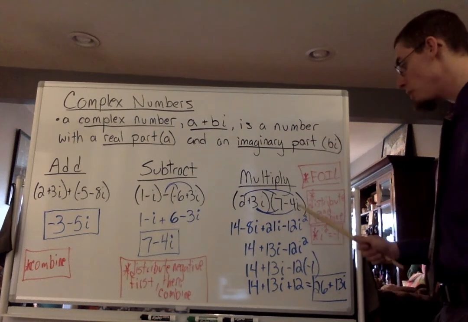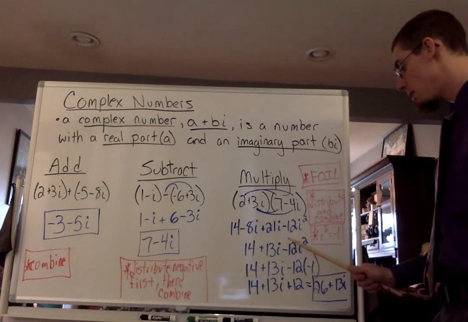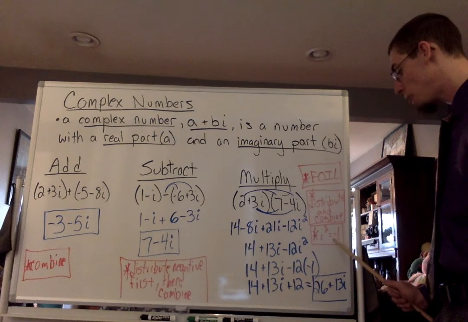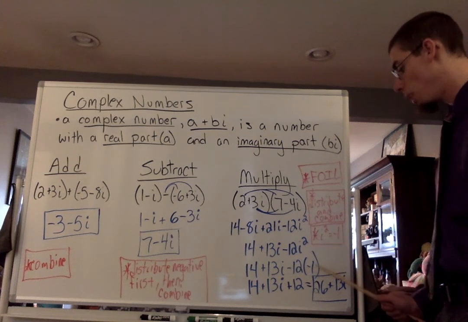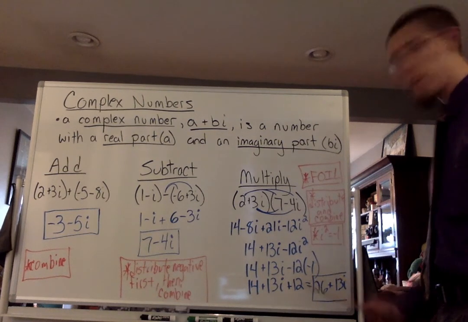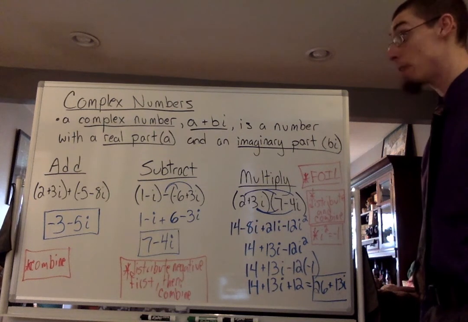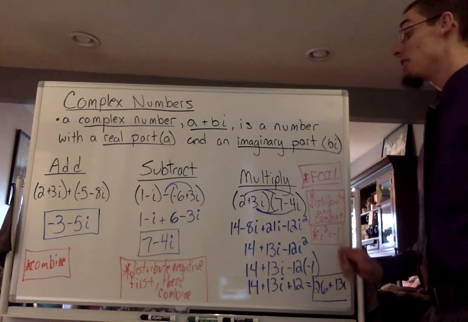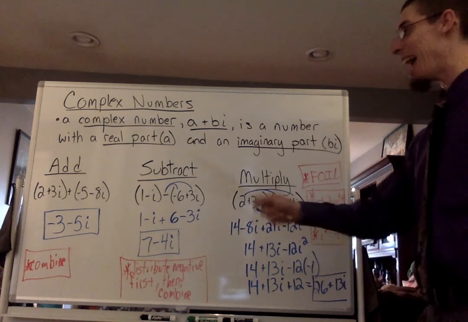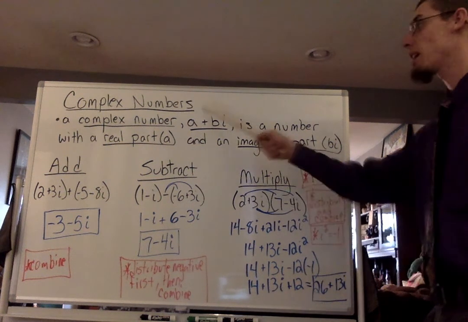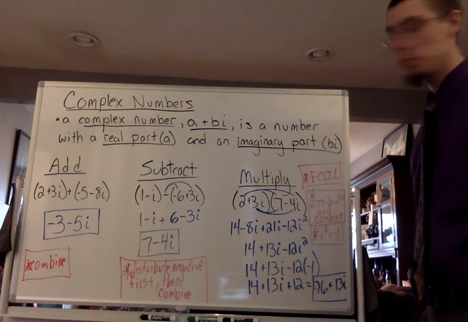So you distribute and combine, then you remember that i squared equals negative 1, and then combine again. Very, very basic. So, this is adding, subtracting, and multiplying complex numbers.